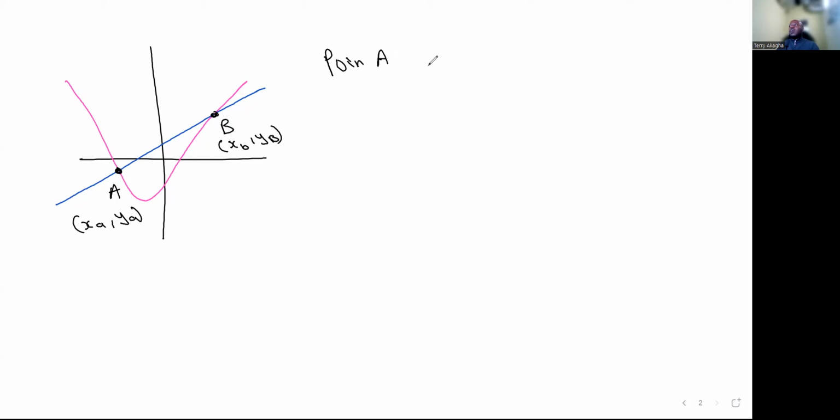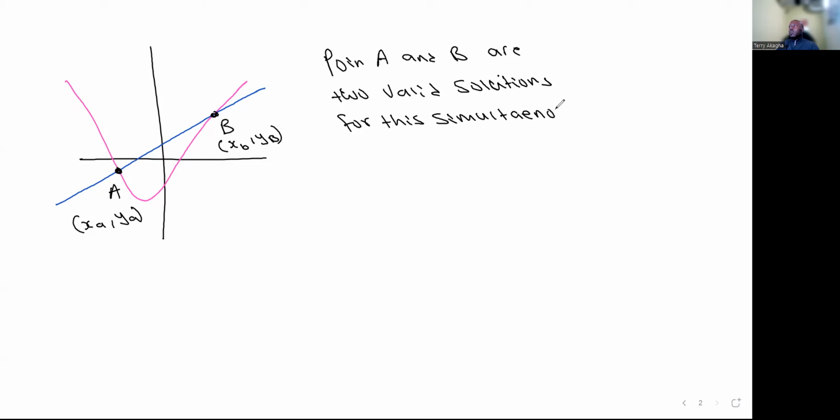So (XA, YA) and (XB, YB) are the two valid solutions for this simultaneous equation.